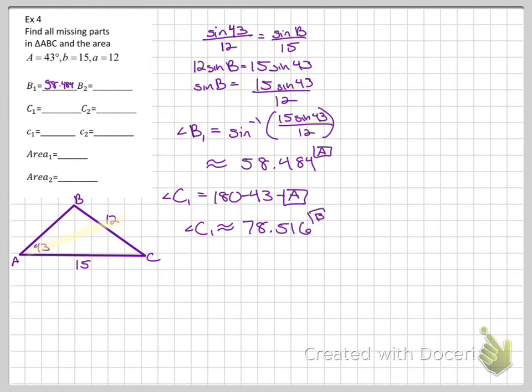Store that in button B. Once I know angle C, I can set up a sine ratio to find lowercase a. So back to sine of 43 over 12 equals sine of angle C, which is actually button B. It gets confusing. You need to write it down so you can keep track of this, over lowercase c. See if you can solve for lowercase c.